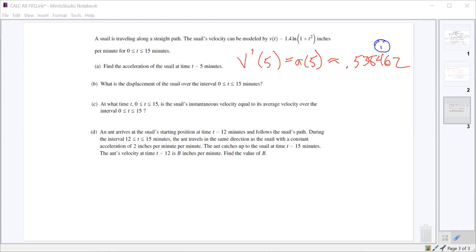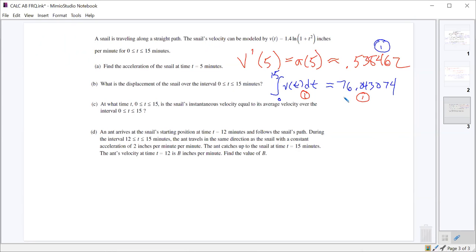You integrate your velocity function from 0 to 15. That ought to tell you where it is in relation to where it started. And what was that integral? Your calculator told you that that integral was 76.043074. 2 points for that. 1 for the integral, 1 for the answer.